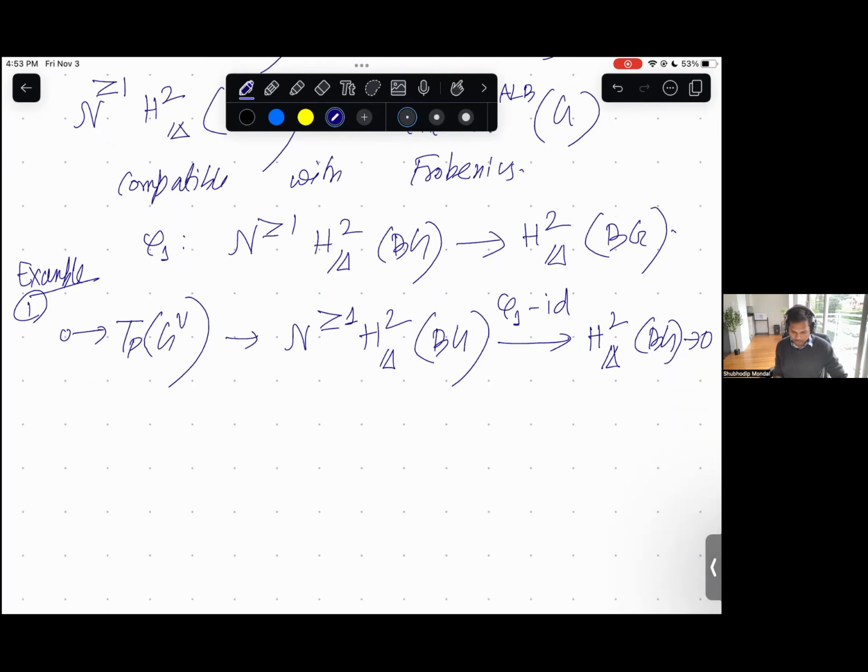Using the divided Frobenius map, one gets an exact sequence which directly computes the Tate module of G.